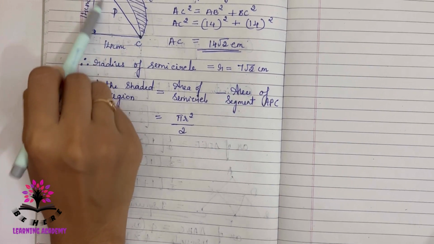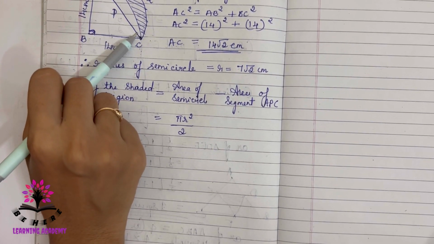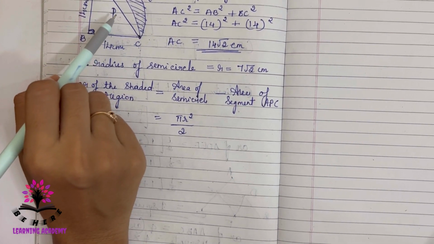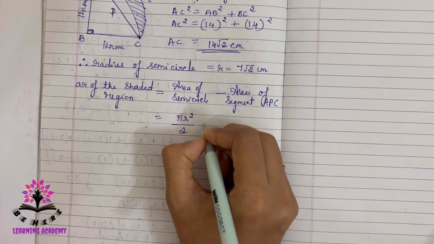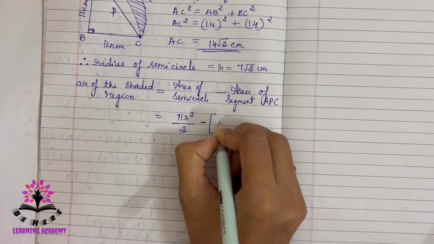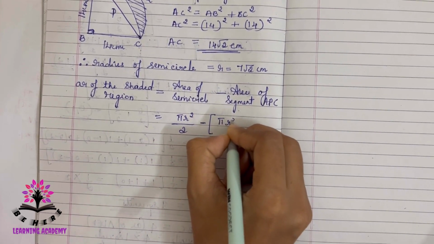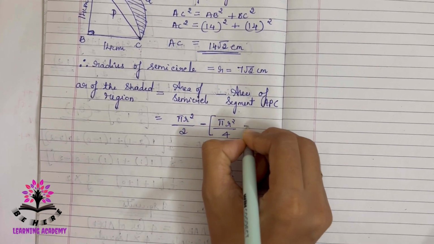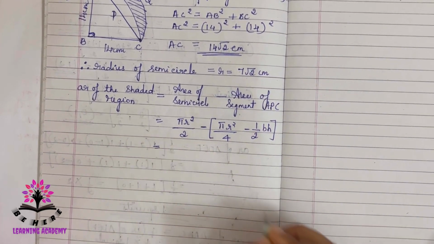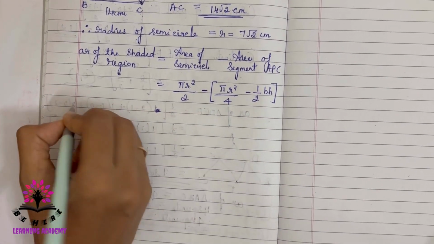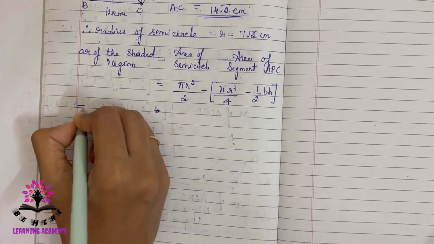It is a 1/4 part of the circle, and also there is a triangle. So area of the triangle will be half into base into height. So together I will write: first thing is pi r square divided by 4. Also there is a triangle, half into b into h. So let us proceed with that, and I will just start writing the values from here.